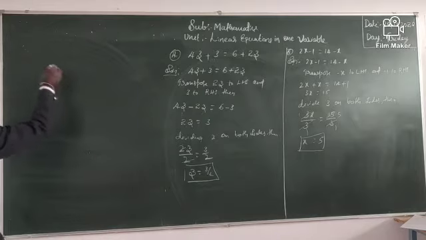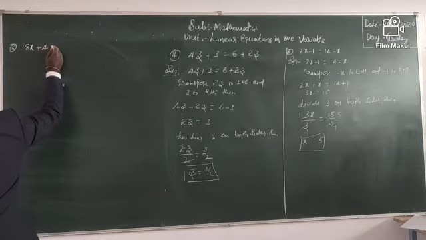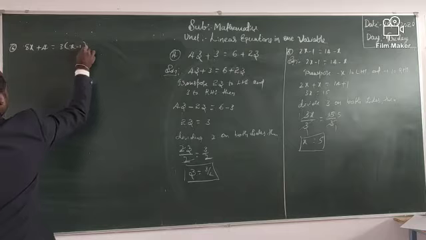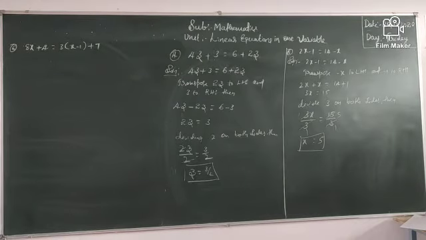Sixth problem. 8x plus 4 is equal to 3 into x minus 1 plus 7. Look at the board clearly, children. The next problem is 8x plus 4 equals 3 into x minus 1 plus 7.